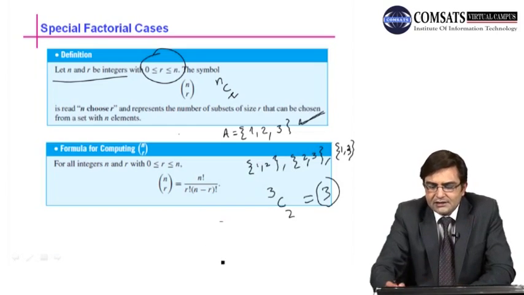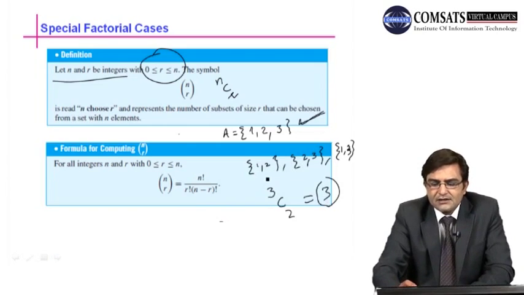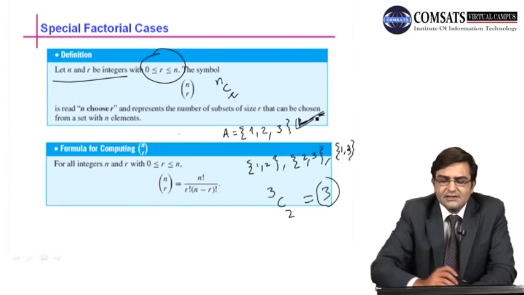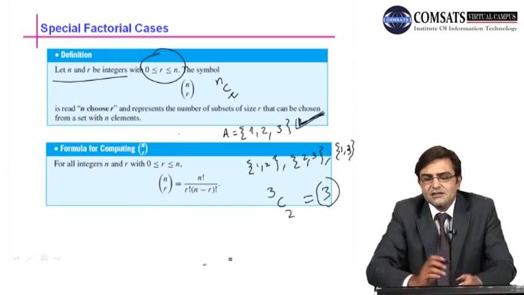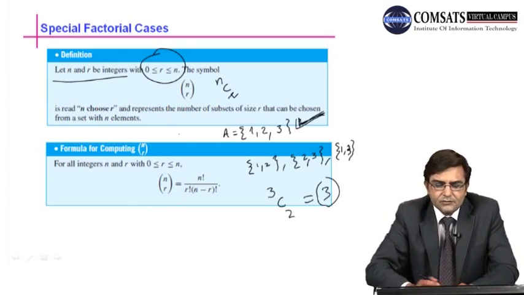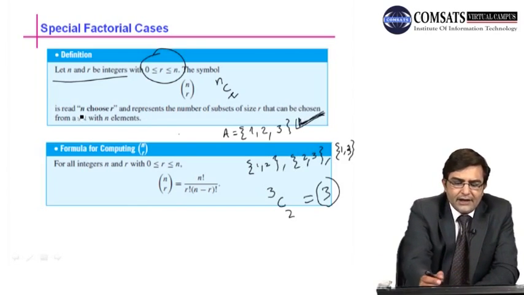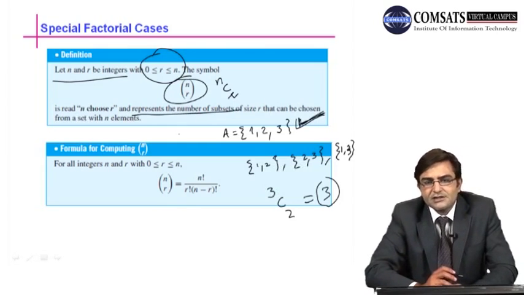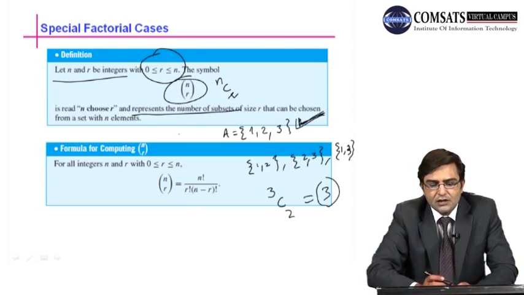So there are 3 possible subsets of size 2 of this set of size 3. Size 3 means it has 3 elements. So n choose r, or nCr, represents the number of subsets of size r that can be chosen from a set with n elements.